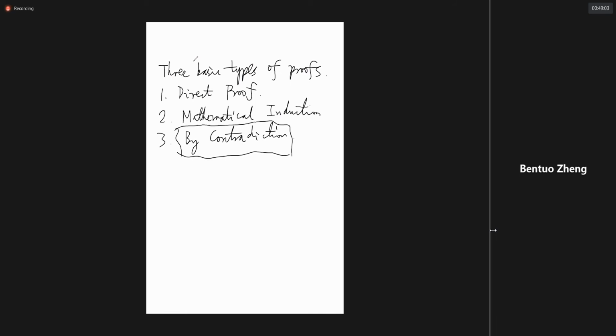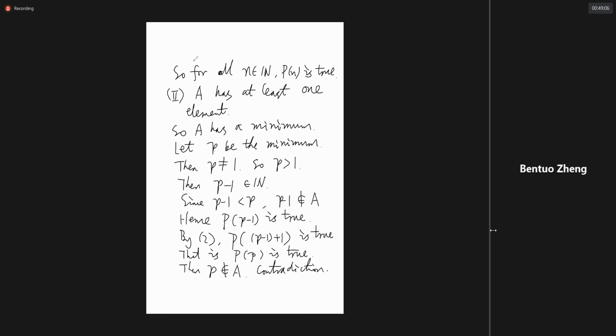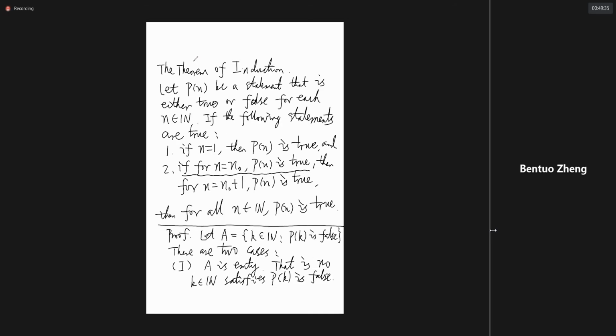In the second case, when we assume A has at least one element, we use basic logic to reach an obvious contradiction. This tells us your hypothesis, that A has at least one element, cannot be true. That is, the first case has to be true. A has to be empty.